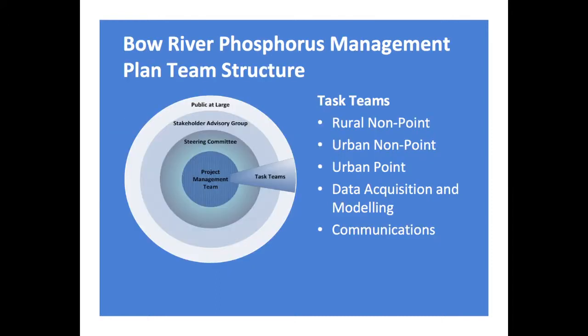Okay, so here's the structure, more or less, of the Phosphorus Management Plan. I hate to say at the center because that's not really what it is, but just to show it as a series of concentric circles, we have the project management team. The project management team is pretty well entirely ESRD staff.